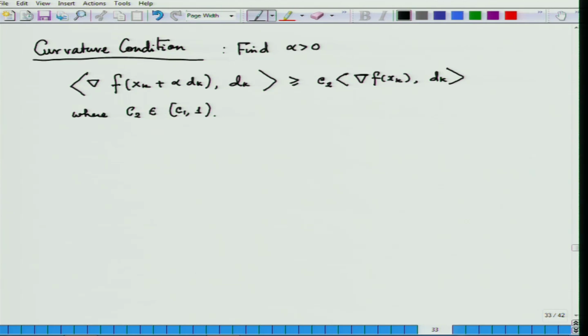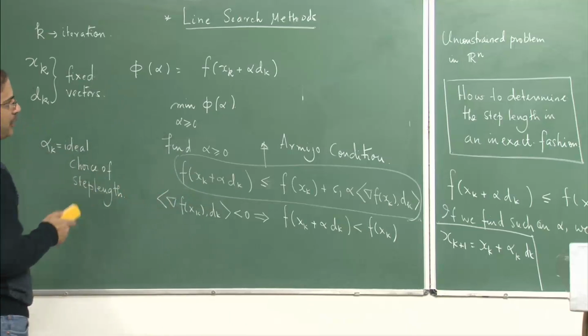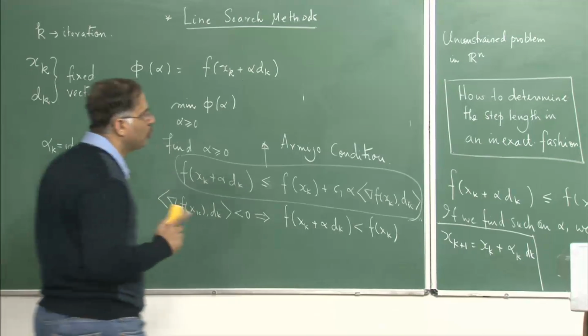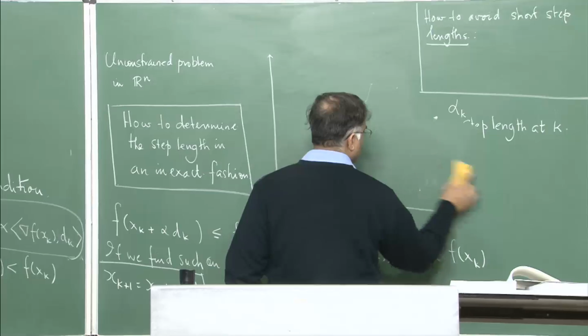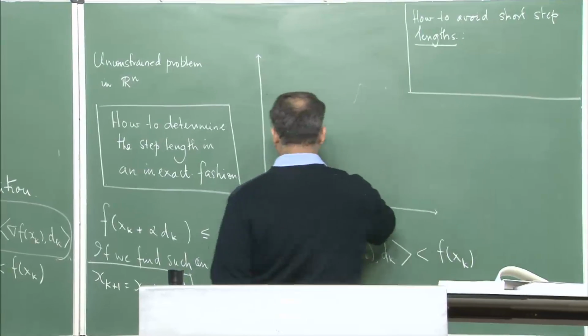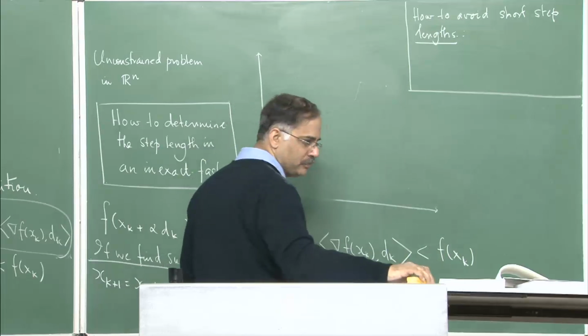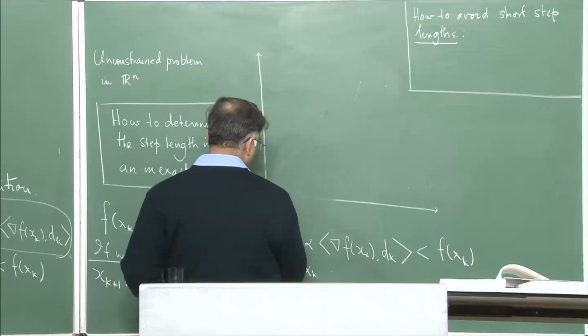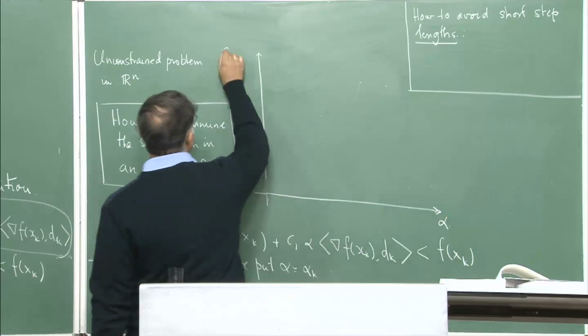See what happens is the following. Let us try to understand the sufficient decrease condition or Armijo condition in a more geometric fashion. So, let us use this diagram here, we will just make certain changes. Let us try to understand this in a better way. So, let us consider this part as alpha and this is my phi alpha.